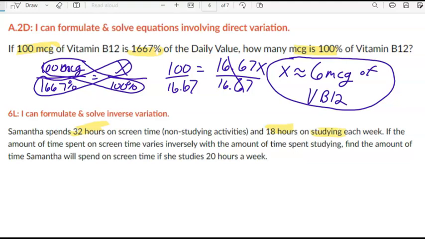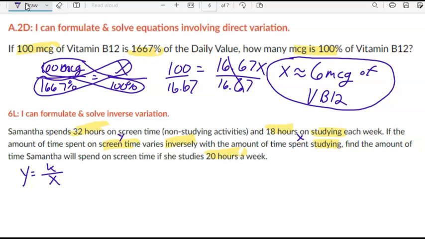If the amount of time spent on screen time varies inversely with the amount of time studying, find the amount of time Samantha will spend on screen time if she studies 20 hours a week. So this would be the Y, and this is going to be the x. It's going to be inversely, so we're going to use the formula y equals k over x. So we're going to find k first.